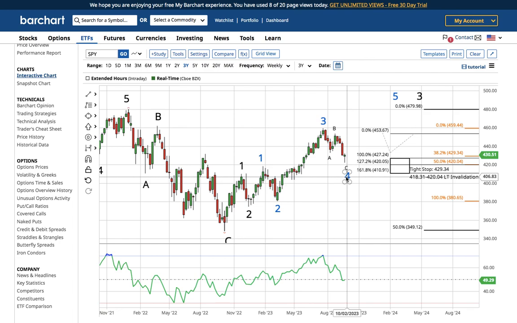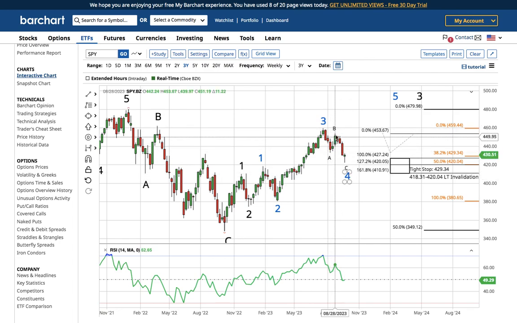But for identifying risk in an ABC correction, wave A, wave B, wave C, the top of the box is the 100% extension, the bottom of the box is 410.91, and that's a place where if it's not great to buy, it's generally really bad to short. All right, that's not investment advice, but when people talk about shorting in the hole, if you've ever heard that term, wave theorists will, this is the hole in wave theory, essentially.